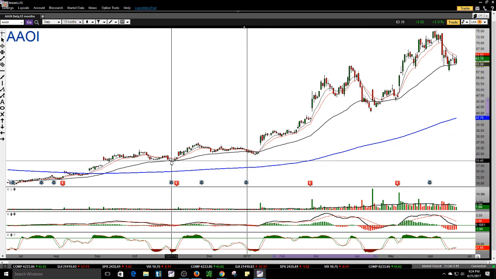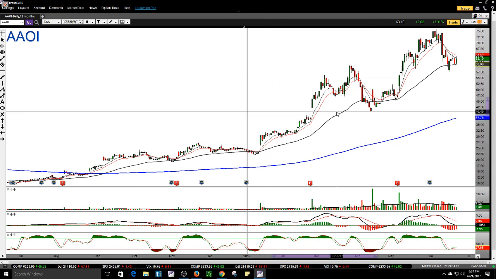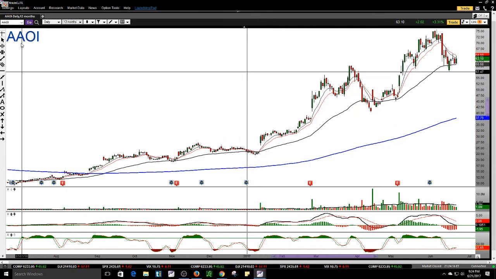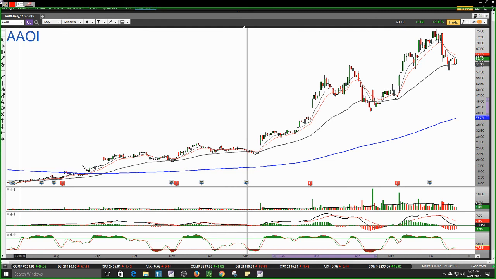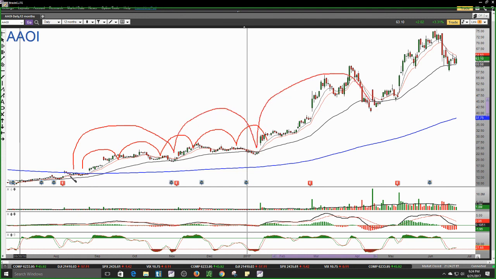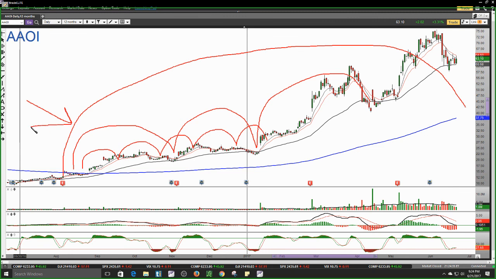But you can see I'd have different entries and exits on a 50. On my smaller time frame, my 813s, I'd have little bumps like this, and on my 50, I'd have little bumps where I'm in and out. On the 200, I'd still be going. So in reference to time frames, you can use them for your swing trades also, because this is a time frame that you're using.